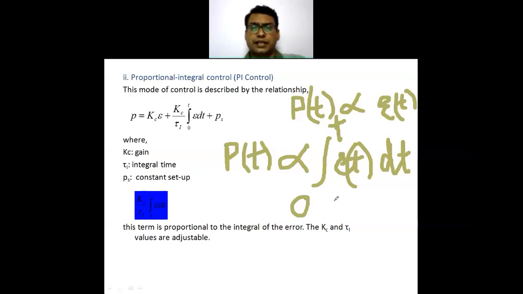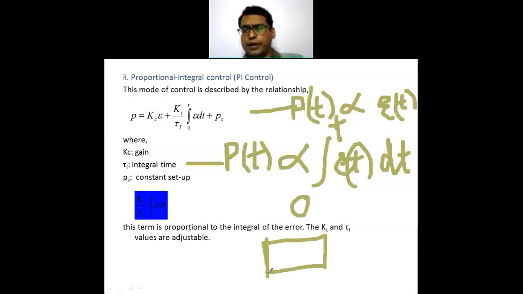So the two factors are there. One is the proportional and second is the integral part. So the output or the generated pressure, this is my transfer function in terms of a block diagram.